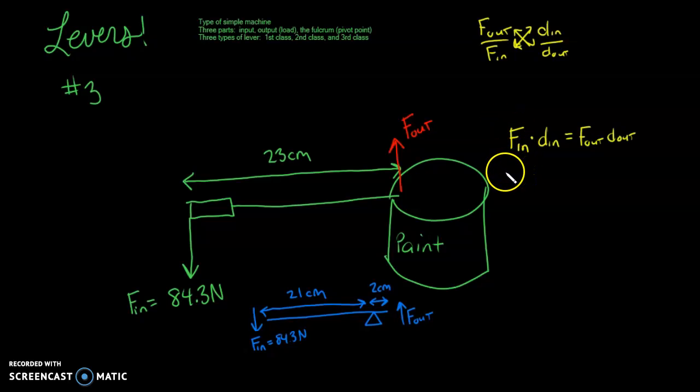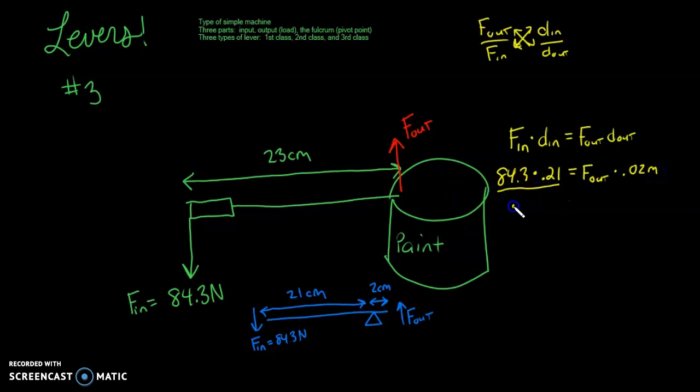Okay, so my force in is 84.3 newtons. My distance is 21 centimeters, but remember we always want to use meters. So I'm going to go with 0.21 meters. That's going to be my mystery force out times 0.02 meters.